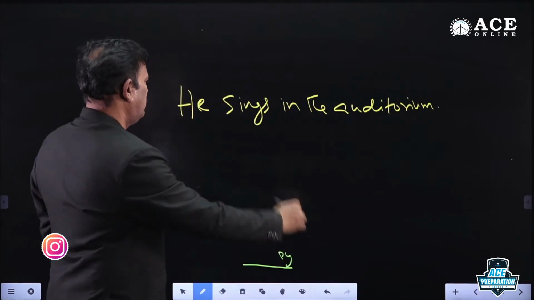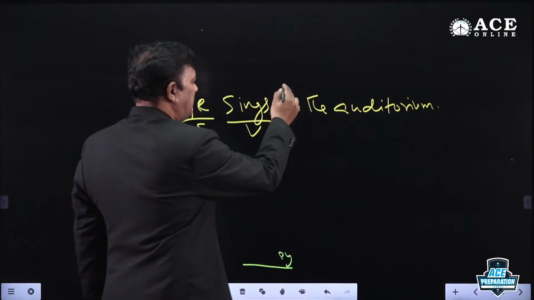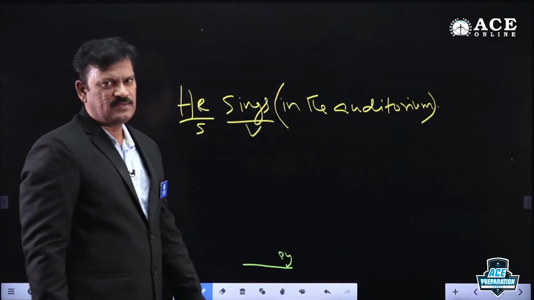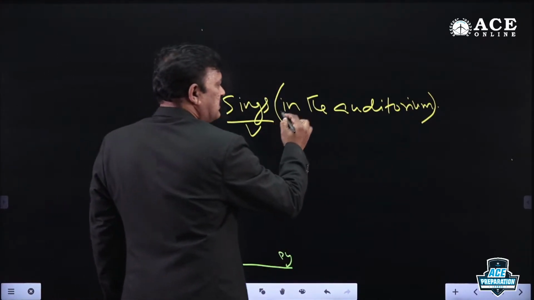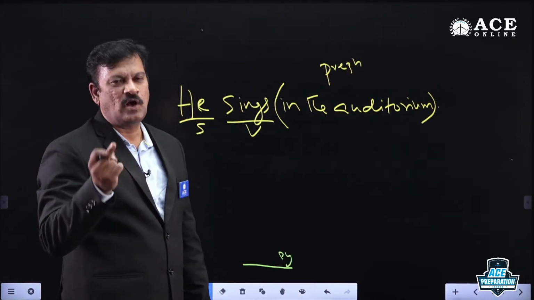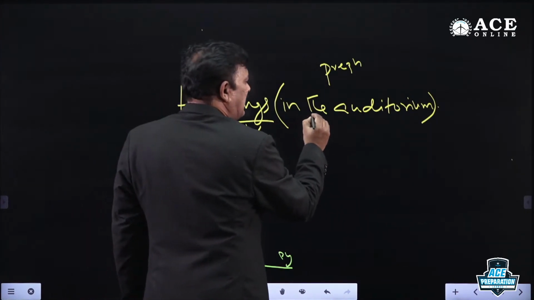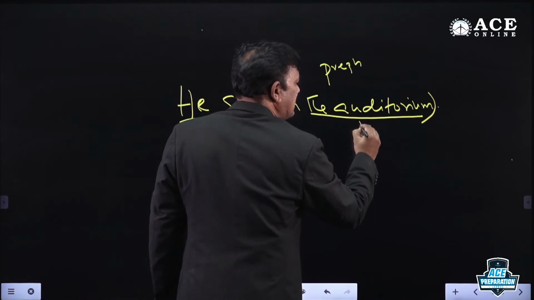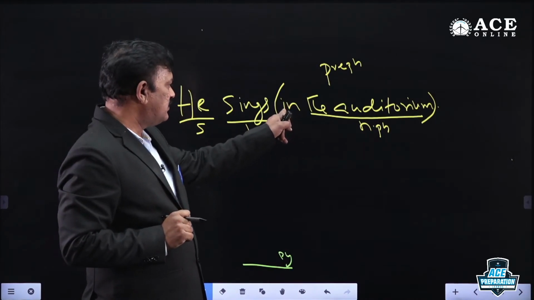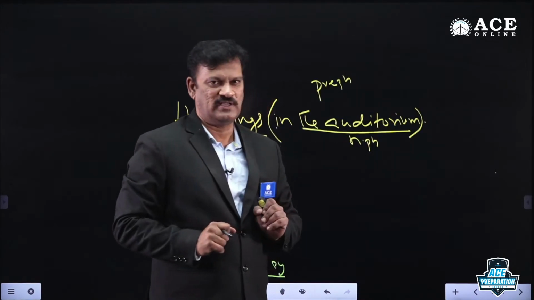Where is the verb? Where is the subject? Where is the preposition? And the preposition phrase should end at this. Guys, please pay attention here. This is a prepositional phrase, and a prepositional phrase always ends at a noun or a noun group. So here I have a group of words. This one is again a noun phrase.